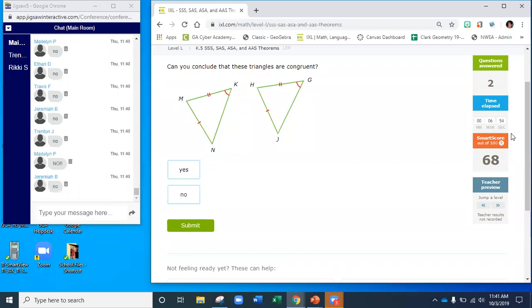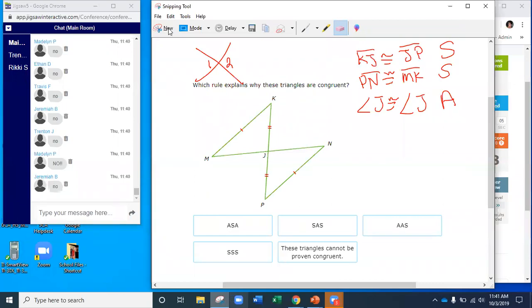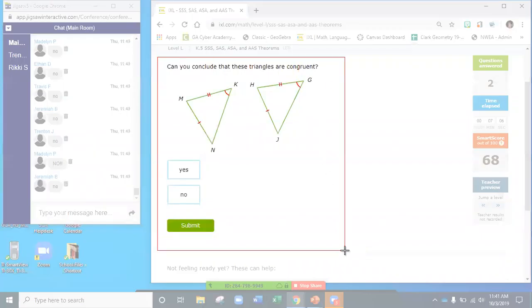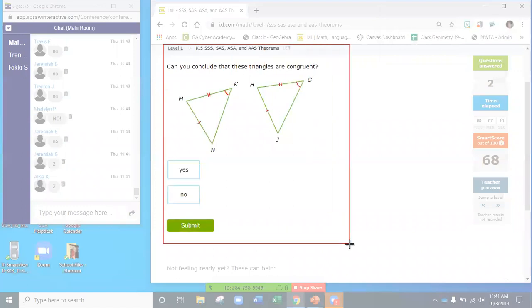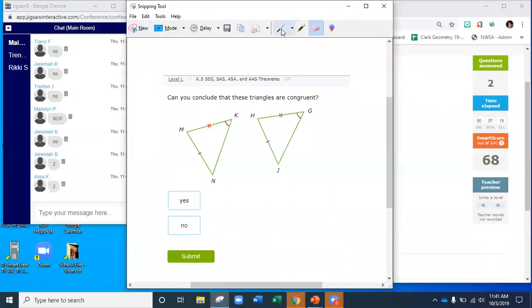So once again, how many sides do we have that are congruent on each of these angles? Hang on, let's draw again. Wait, I want to get this better. Yeah, we have two.